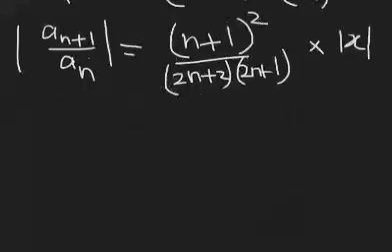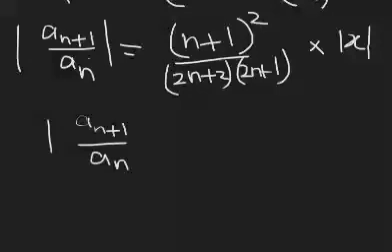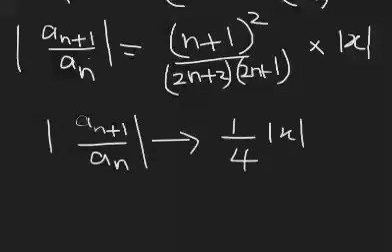So the modulus of a_(n+1) over a_n goes to 1/4 mod of x as n tends to infinity.